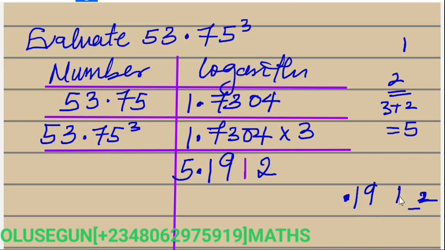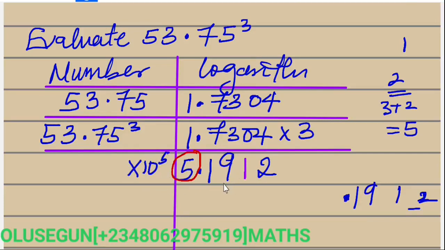As I said the other time, to find the antilog of a value, for this value of 5, the first thing you do is write times 10 raised to power 5. That is the meaning of the value.